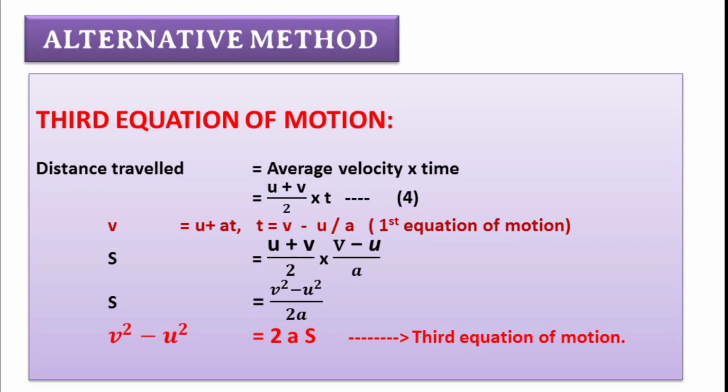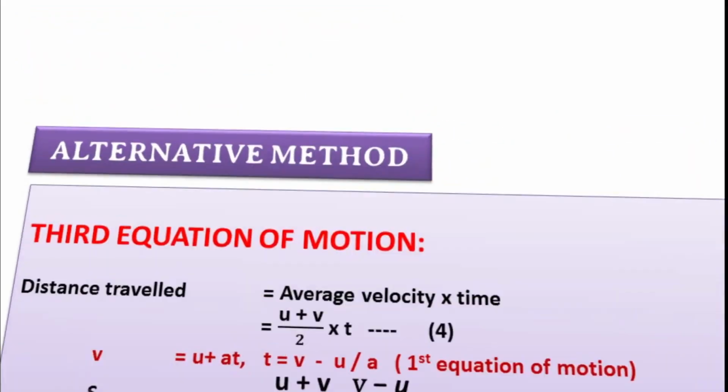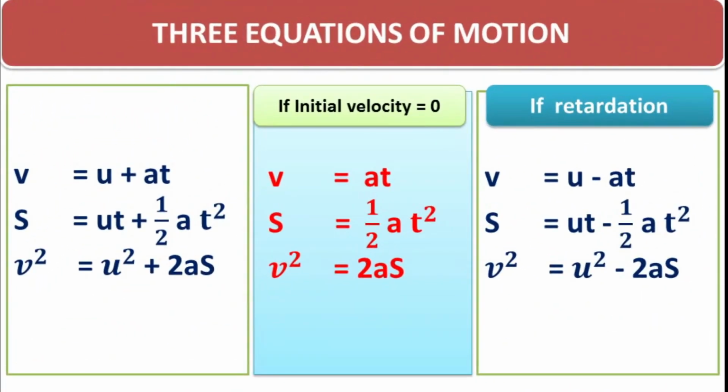So the three equations of motion are: number 1, V is equal to U plus AT, number 2, S is equal to UT plus half AT square, and number 3, V square is equal to U square plus 2AS. Suppose if initial velocity is 0, the equations will become V is equal to AT, S is equal to half AT square, V square is equal to 2AS, because U, the initial velocity, is 0.